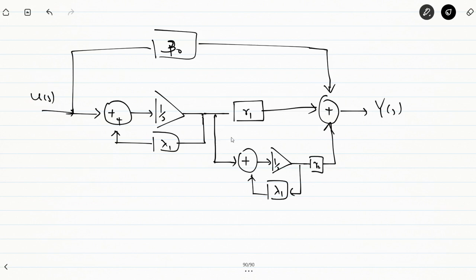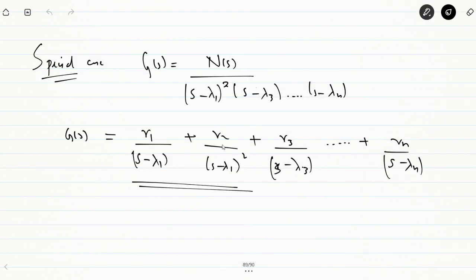the second term is what, r2 divided by (s minus lambda 1) square. So this is actually Y of s divided by U of s. If you take U of s to this side, all of this gets multiplied with it.